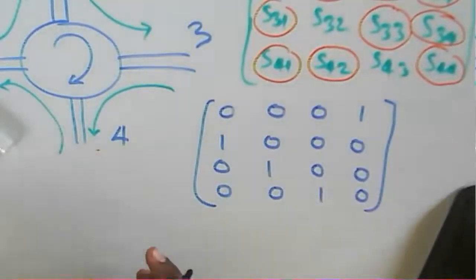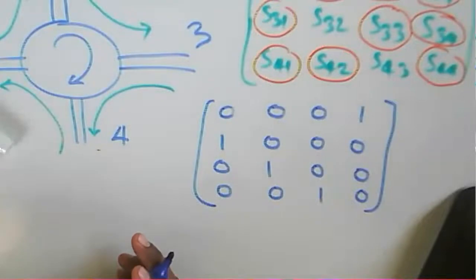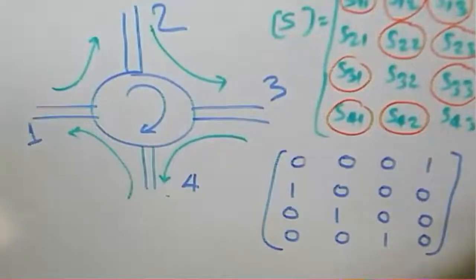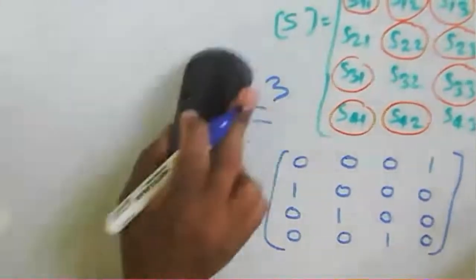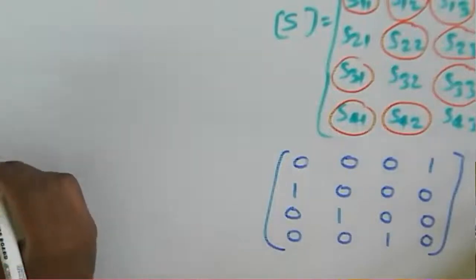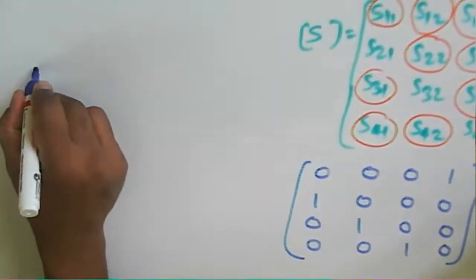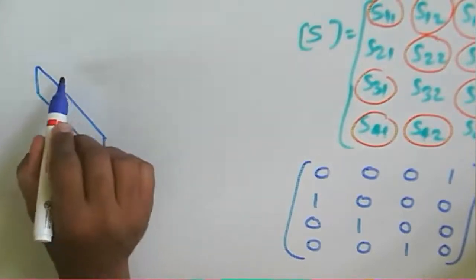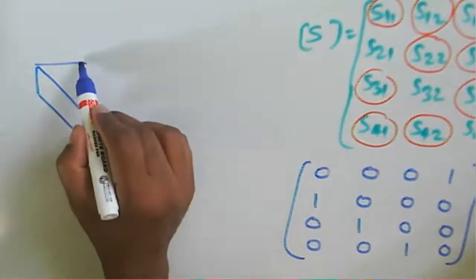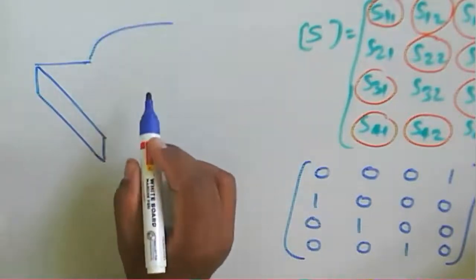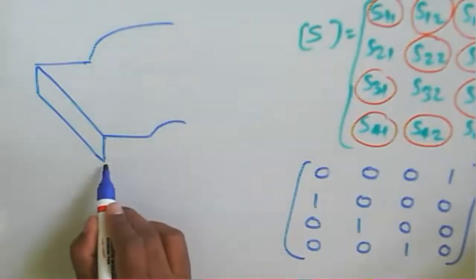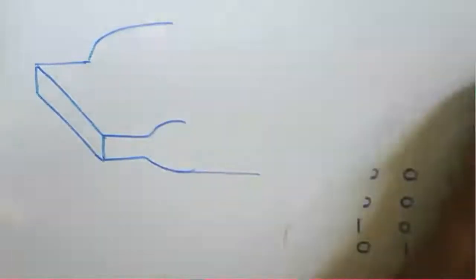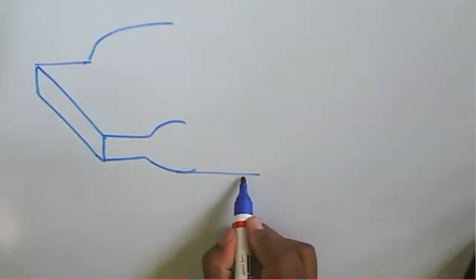Because inside there is a ferrite rod or ferrite material, and due to that the signal is not able to propagate through the circulator there. Okay, so we'll see here the circulator.